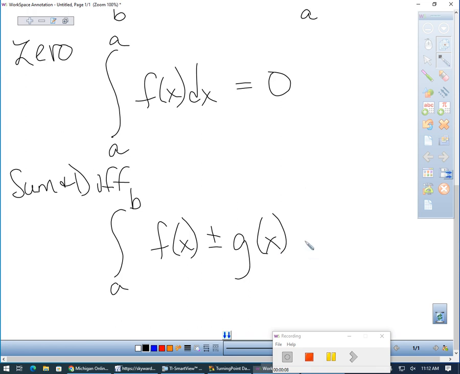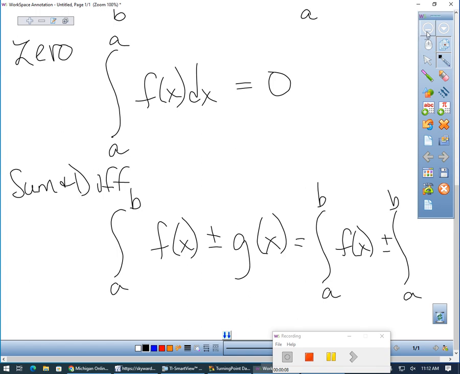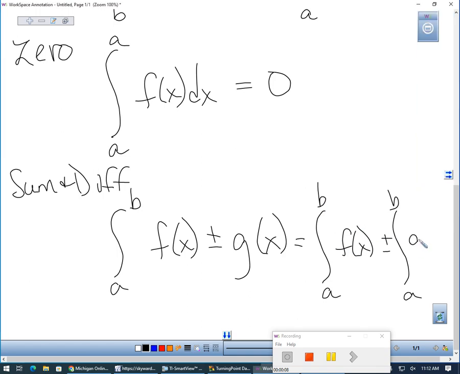I can actually write these as 2 separate ones if I want to, and say I have the integral from a to b of f of x plus or minus the integral from a to b of g of x. So I can actually separate them. Technically, I should write this one with dx at the end of that. And then the dx, of course, distributes into both of them. So it's the antiderivative you'd be doing of each one.